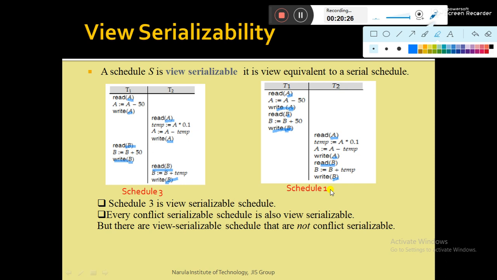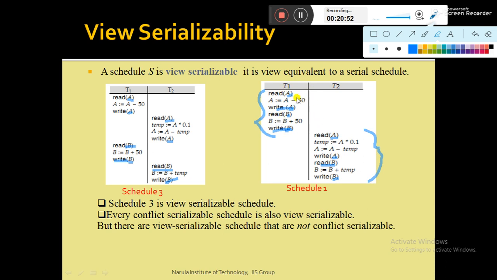Now come to the point: if a schedule is view equivalent to a serial schedule, then the schedule S is known as view serializable. Here schedule 3 is view equivalent to schedule 1, and schedule 1 is a serial schedule. If you look here, all the instructions of a particular transaction appear together.